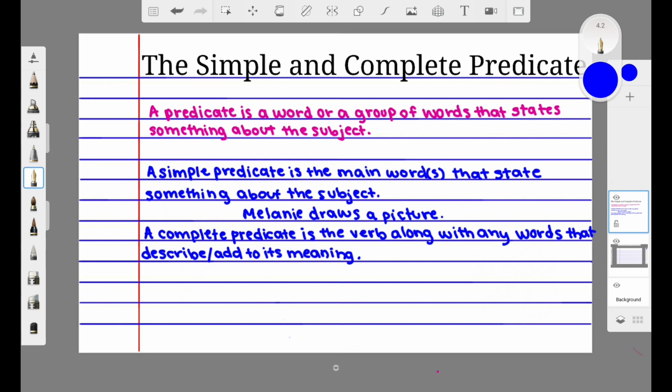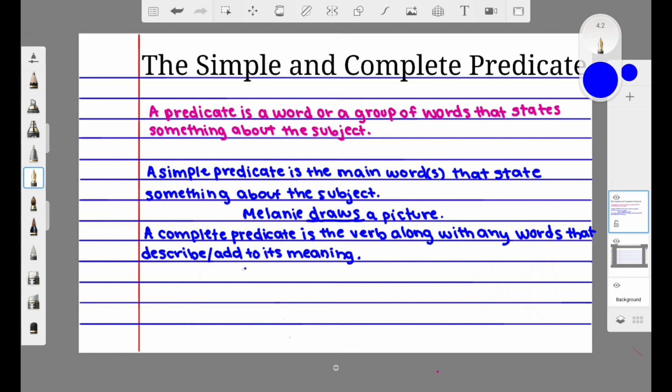So if you have anything like Melanie has drawn a picture, has drawn would be the verb phrase, and that would be the simple predicate. But since in this case we don't have any helping verb, we just have one action verb, we know that our simple predicate is just draws.